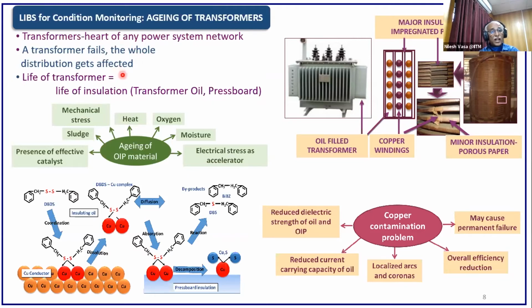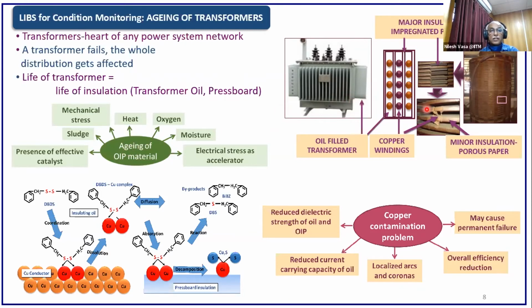inconvenience to the users. Now, the life of the transformer also depends upon the life of the insulation which we use. So the transformer mainly consists of transformer oil and a solid insulating material such as pressboard, basically oil impregnated pressboard material, which is under high stress.